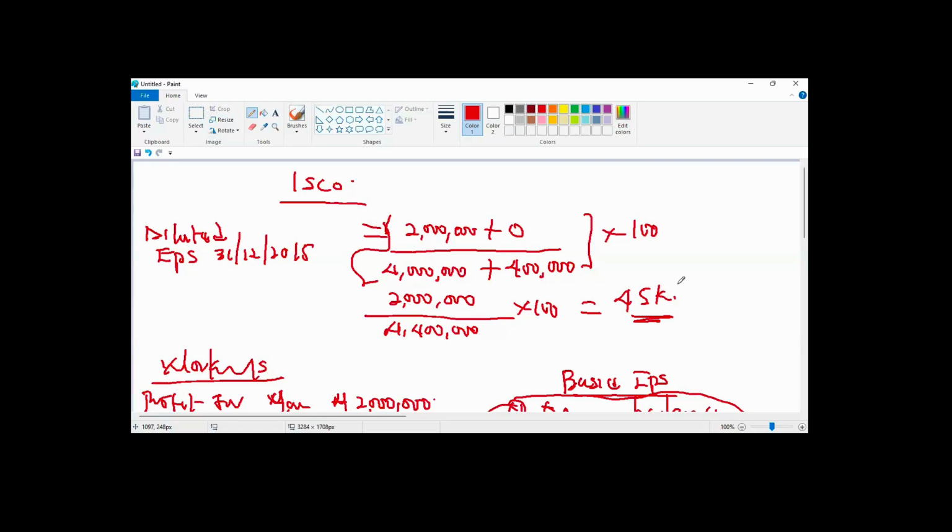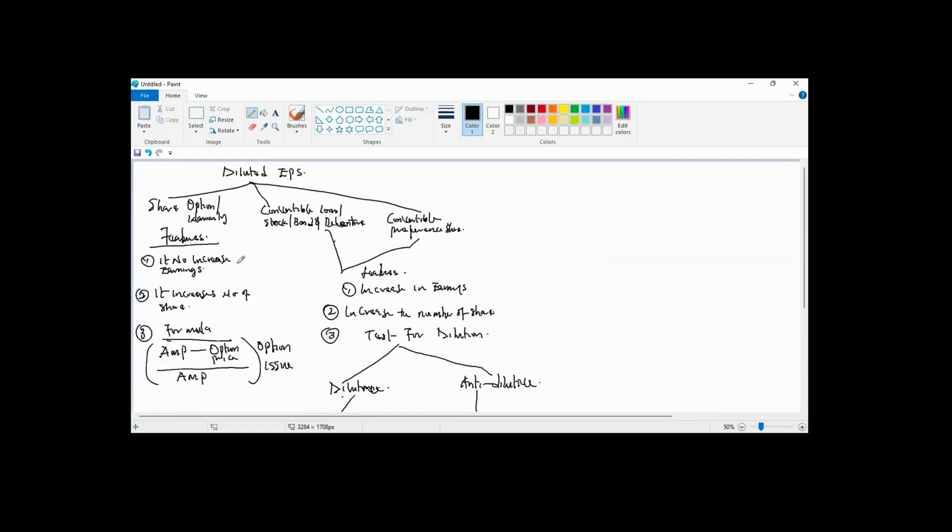For options we have the average market price, the option price, then options issued. You will know the three things it entails. It will not increase the earnings of the organization, because we are giving to the director below the market price.